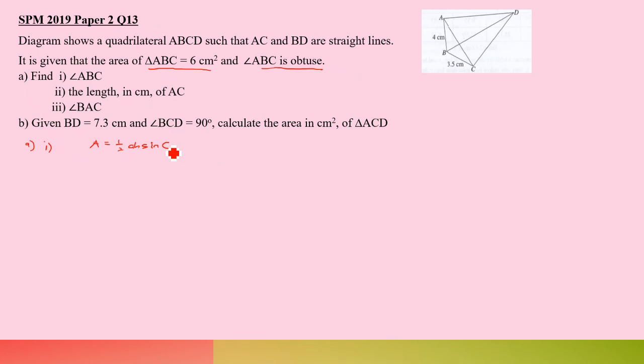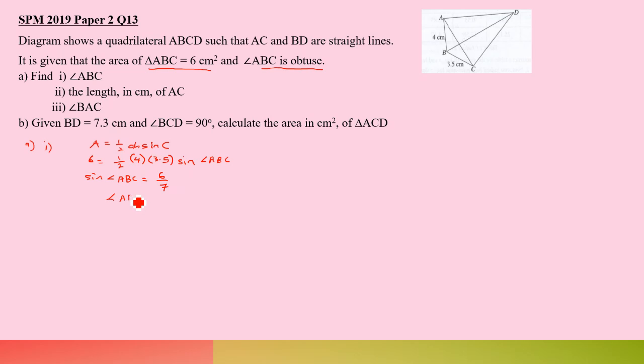And your area is given as 6, equals 1/2 times AB, the two sides, 4 times 3.5, times sine of the angle that we want to find, which is ABC. So solving this, what you will get is sine of the angle ABC. Work it out using your calculator, so you get 6/7. So you will get the angle ABC using your calculator.